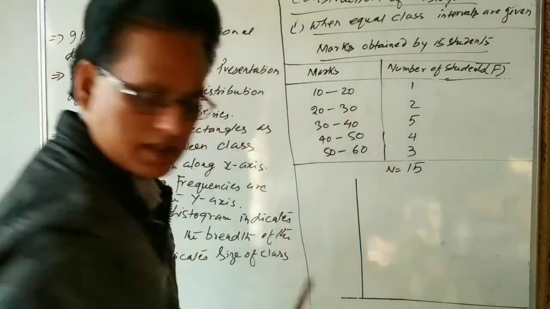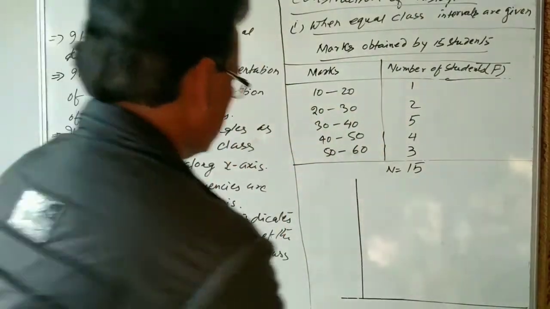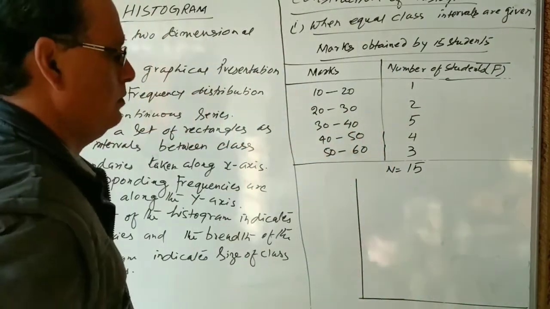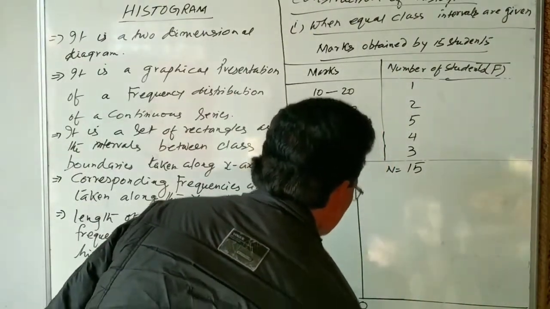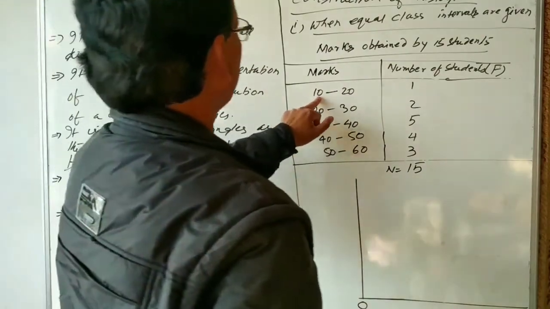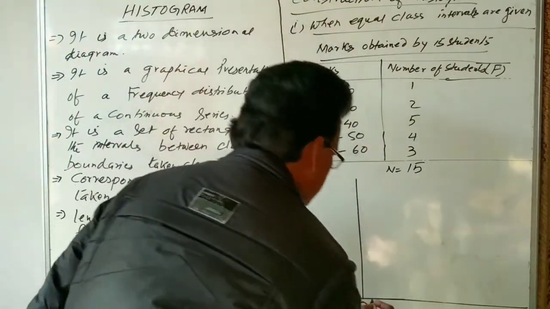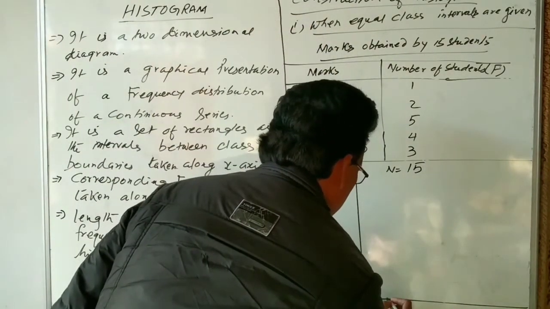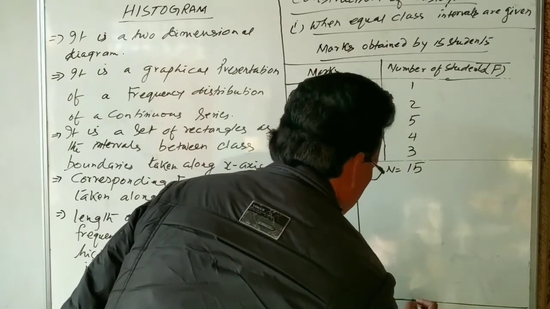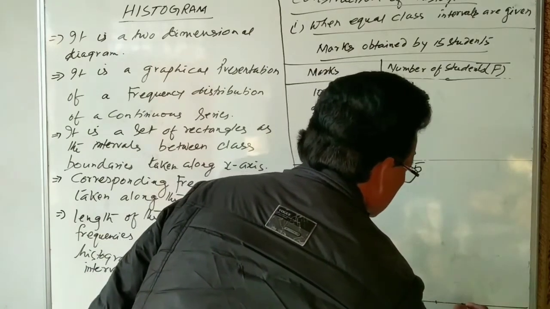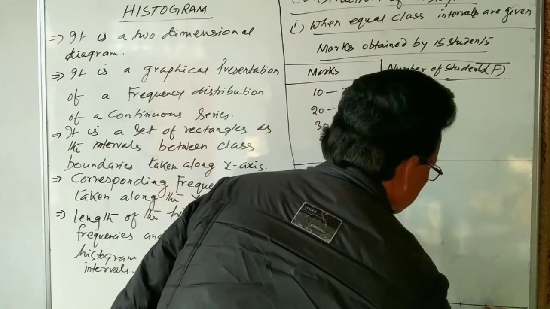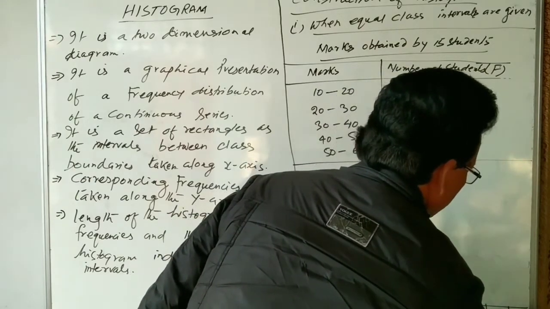So this is the x-axis and this is the y-axis we have taken, and it is started from 10. So let us see, this 0 to 10, 20, 30, 40, 50 and 60. This is the x-axis.